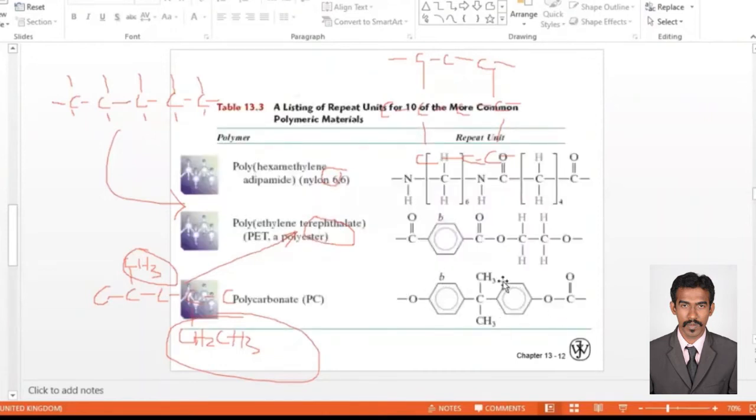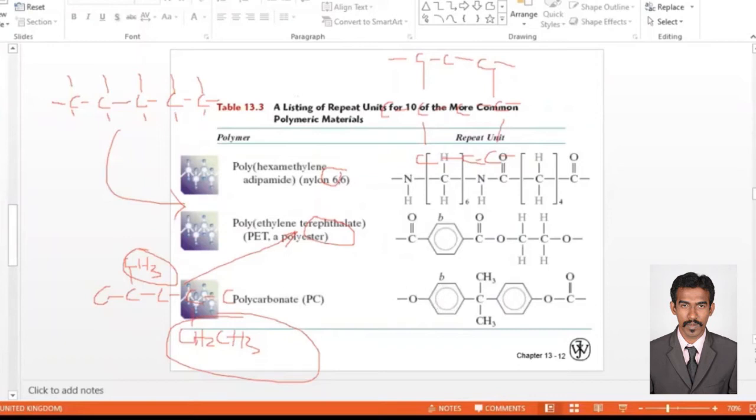This is a benzene. Phenol is when I have an OH. You need to be very careful: I'm not talking about this structure, I'm talking about this structure, this particular bond.